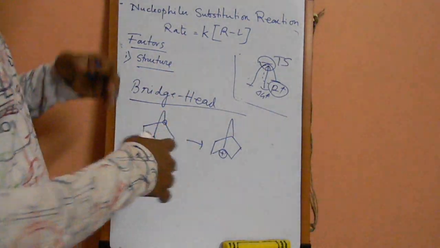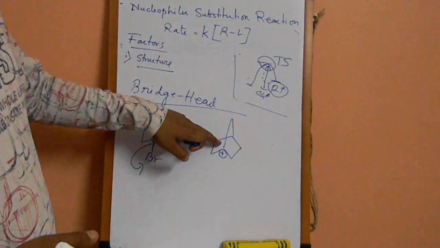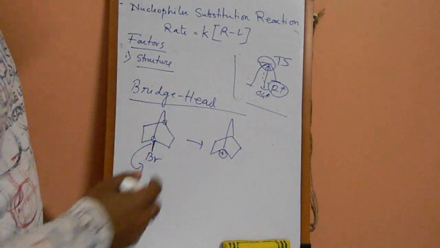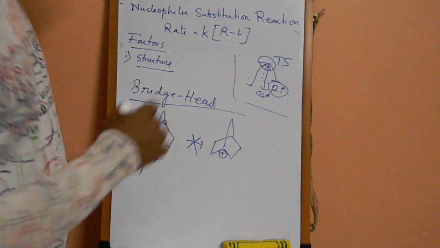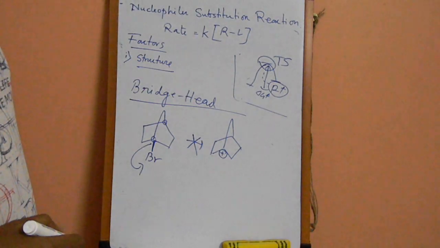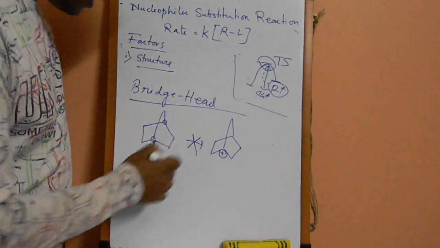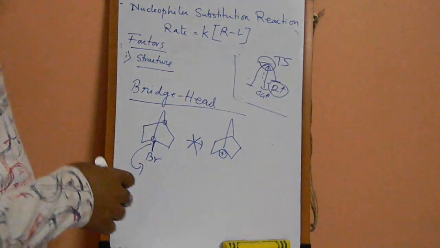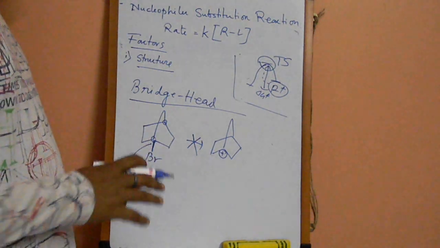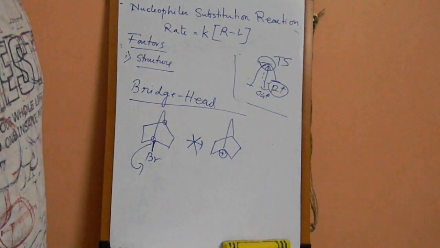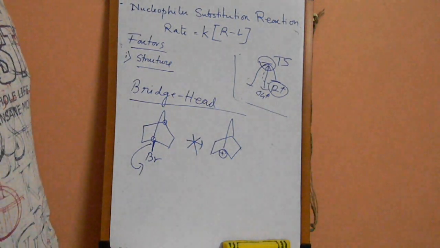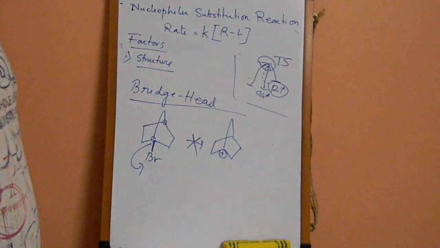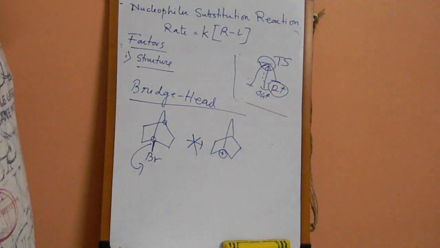So there will be a tremendous strain generated in this structure. So this reaction is not possible. It will react in the SN1 reaction at a very, very slow or even very poor reaction rate. In fact, it is maybe not possible in reality.